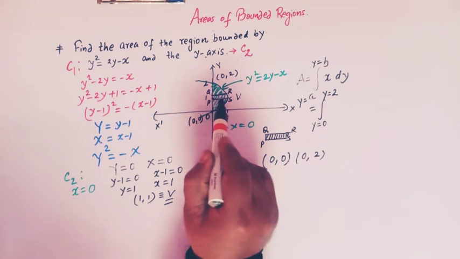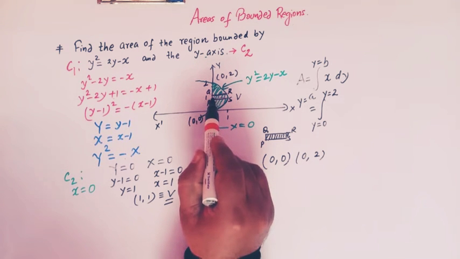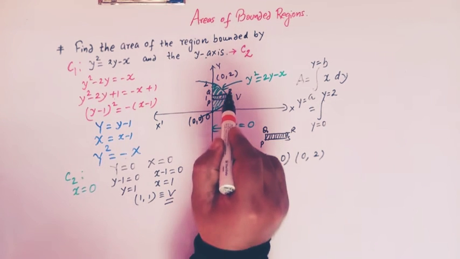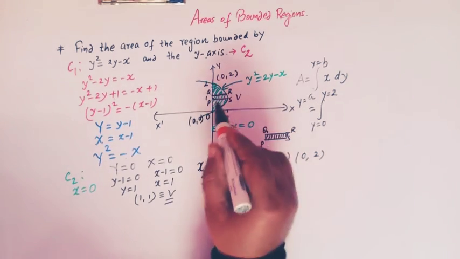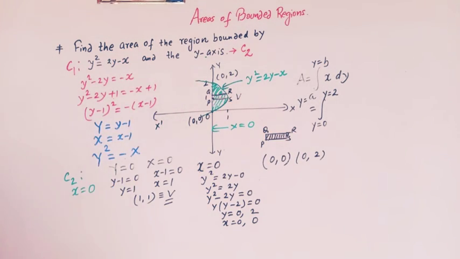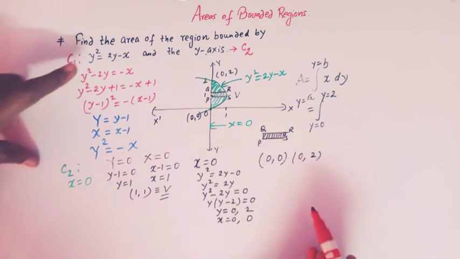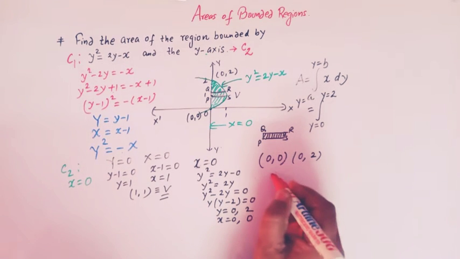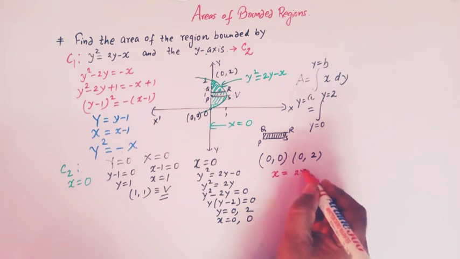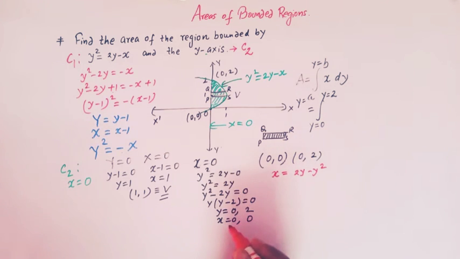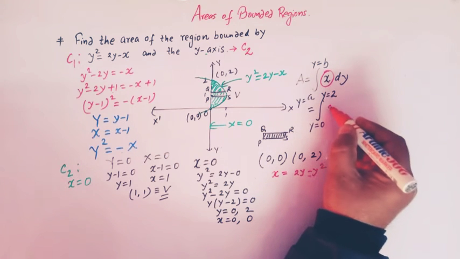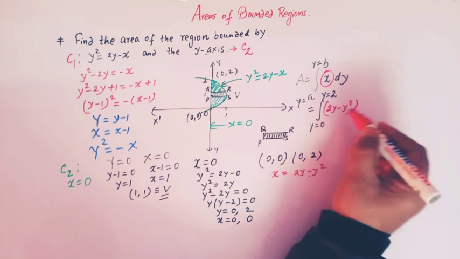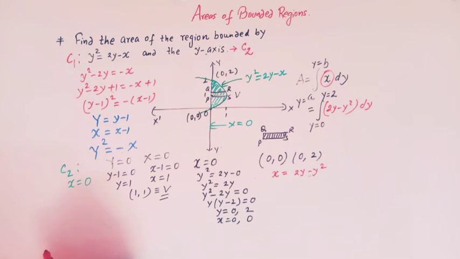So the horizontal strip has its lower end at the y-axis and the upper end on the parabola, so x is calculated from the equation of the parabola. From the equation of the parabola, we have the value of x as 2y minus y square. So for this x, we substitute 2y minus y square, and here we have dy.